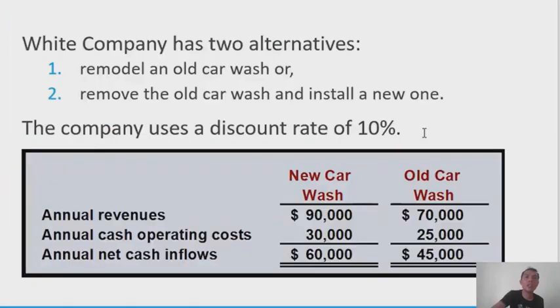Okay, so let's try to use that using the following example. So we have the White Company has two alternatives. I-remodel niya yung old car wash o tanggalin yung old car wash at mag-i-install siya ng panibagong car wash.